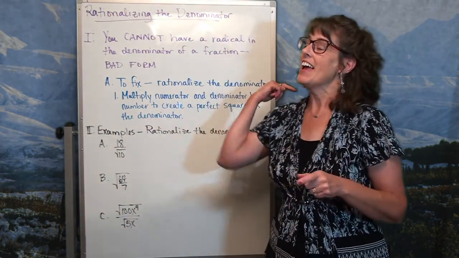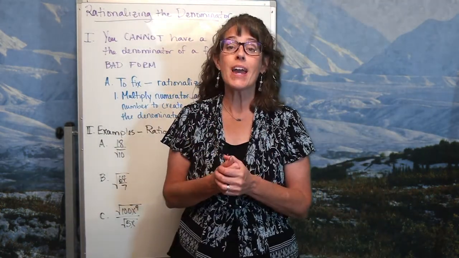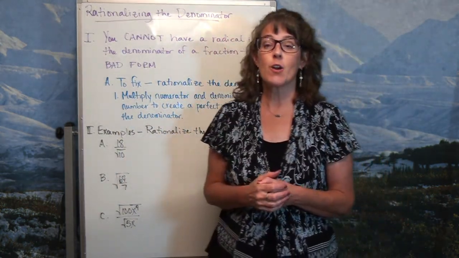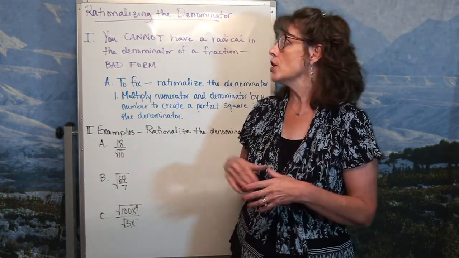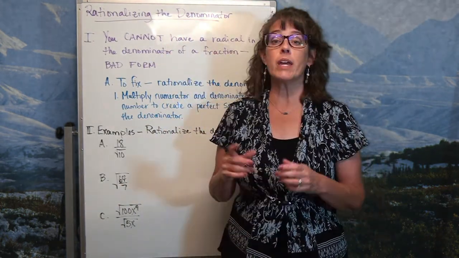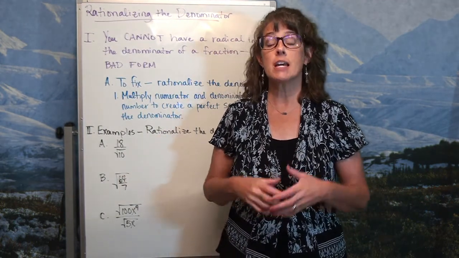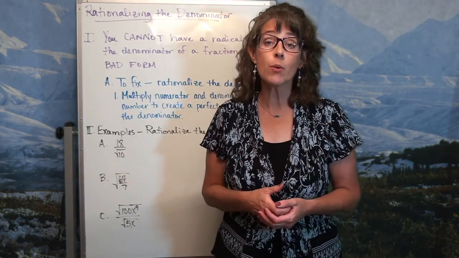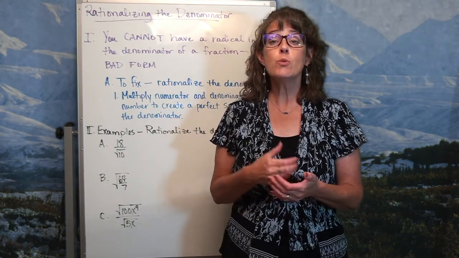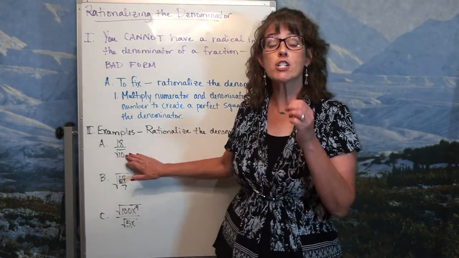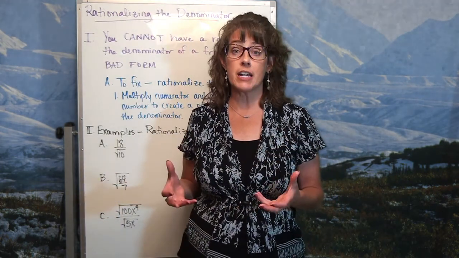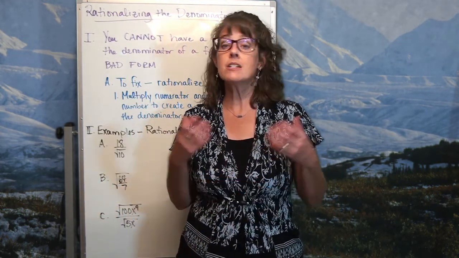That's a great one. And the other thing that is great is rationalizing a denominator. So we're going to take a look at rationalizing a denominator because you cannot have a radical in the denominator of a fraction. Now, it's not like having a zero in the denominator. A zero in the denominator makes the fraction undefined, which means it does not exist.